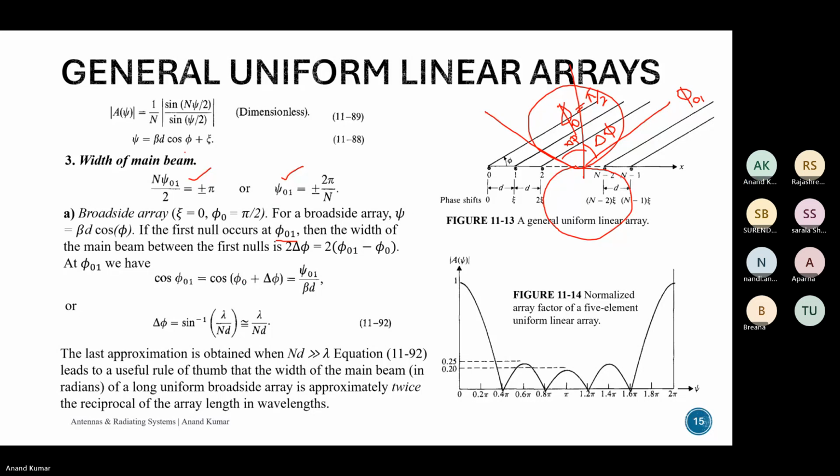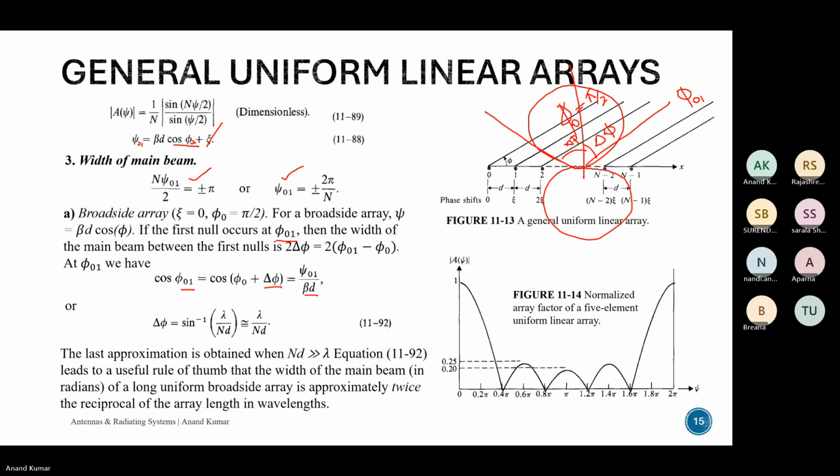Now using this expression, psi 01 is equal to beta d cos phi 01 plus xi, and xi is equal to 0 for the broadside array. Now cos phi 01 is psi 01 by beta d, and phi 01 is theta naught plus delta phi.